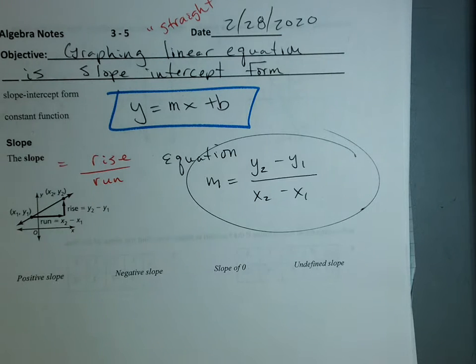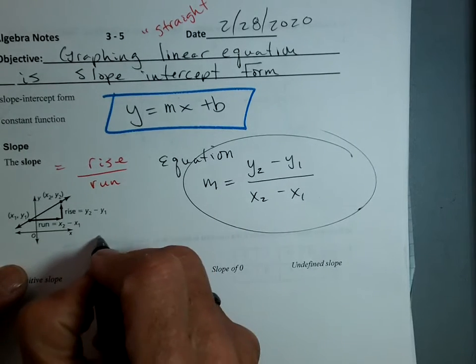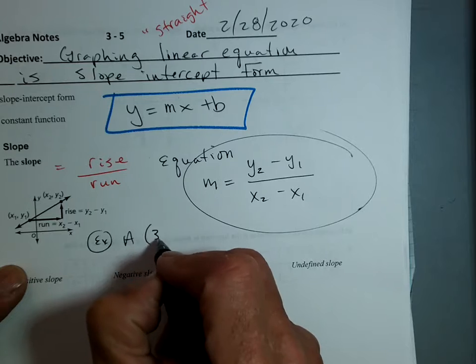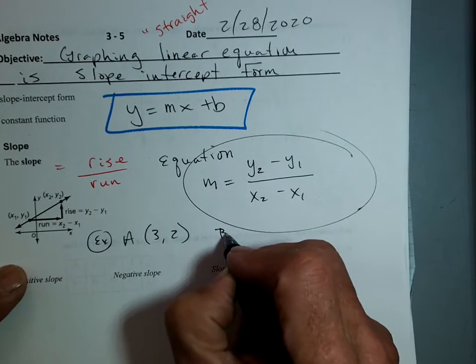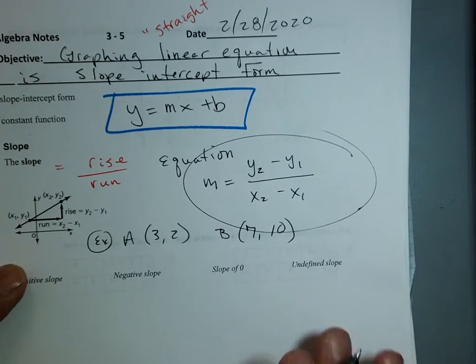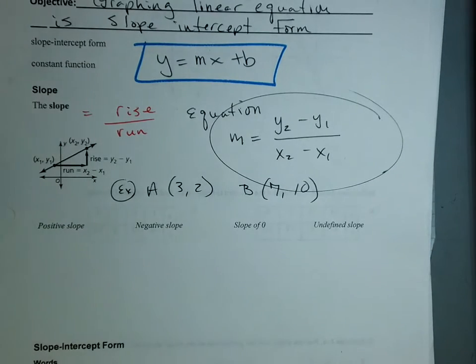As an example, if I have 2 points, point A at 3, 2, and point B at, say, 7, 10, you could feasibly graph these points.